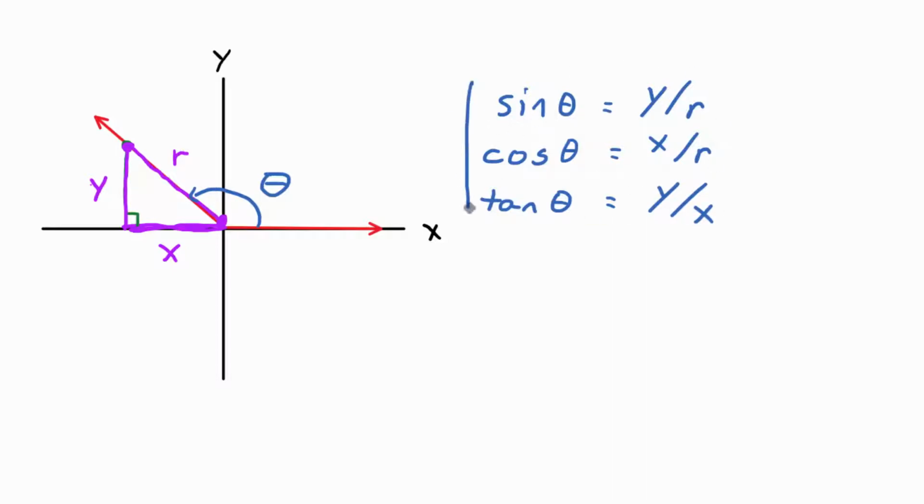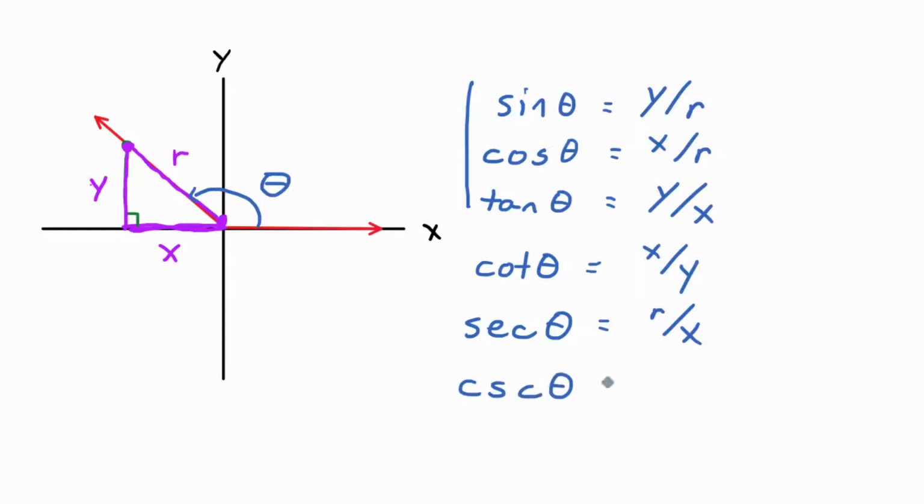SOHCAHTOA still applies. And then cotangent will still be the reciprocal of tangent, so we'll call it x over y. Secant of theta will still be the reciprocal of cosine, so we'll call that r over x. And then cosecant of theta will be defined as r over y, which is the reciprocal of the sine.